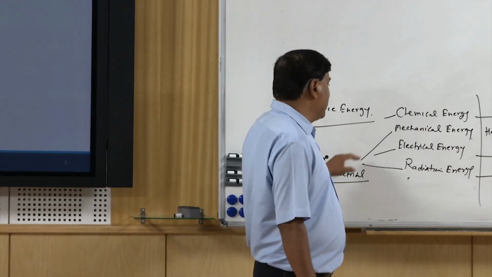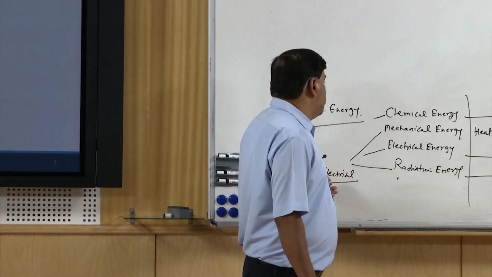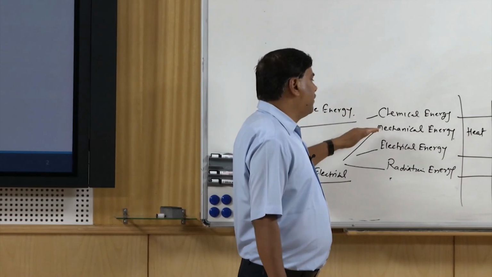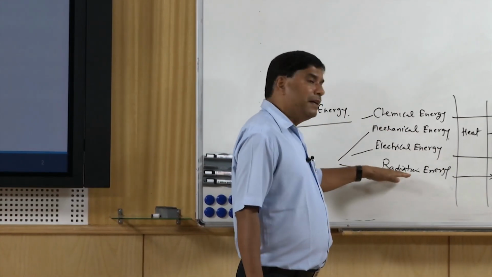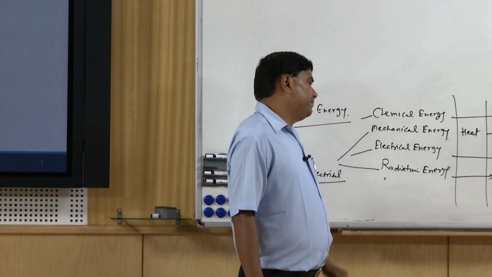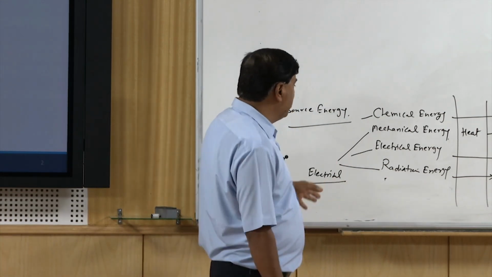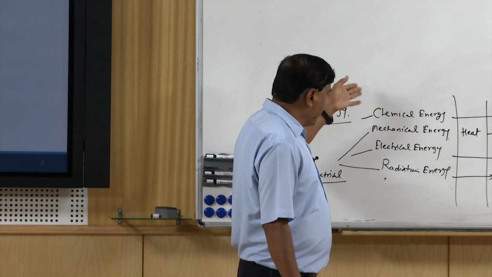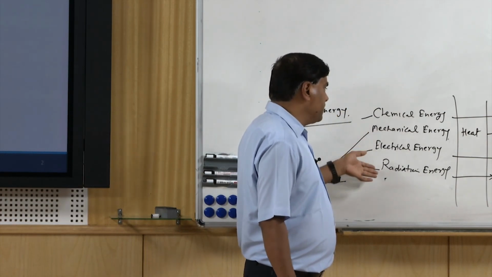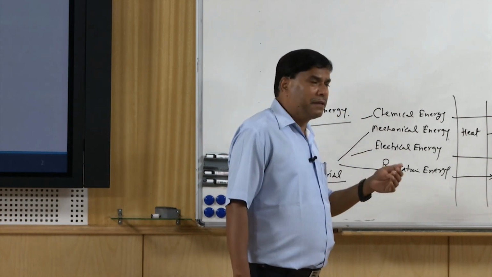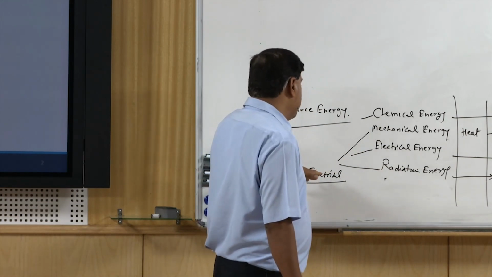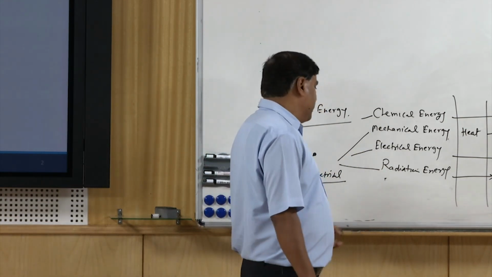Actually, it is the electrical energy only which is used in the form of the mechanical energy or the radiation energy. So, this is, you can say, the non-clarity side, wherein although the form of energy which is actually used is the mechanical and radiation, these are also coming from the electrical energy.